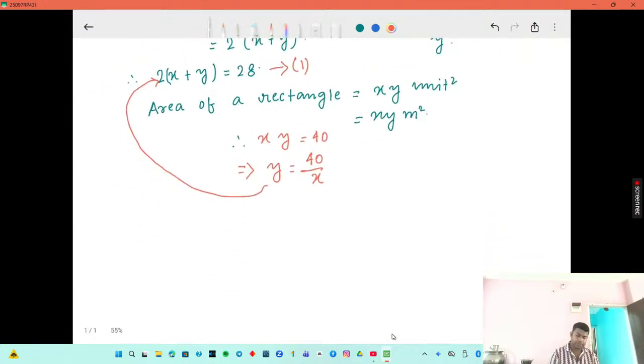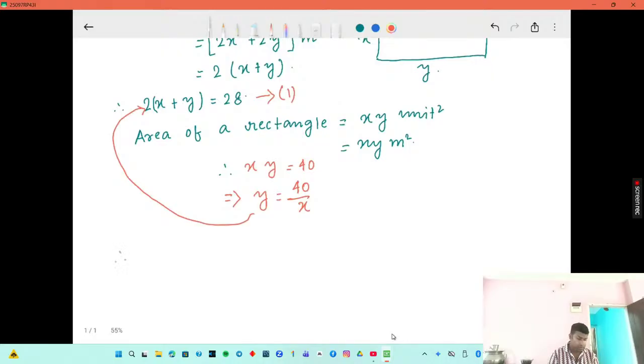Therefore, 2x plus 40 by x is equal to 28. Okay, therefore x plus 40 by x is equal to 28 by 2, that is, 14.